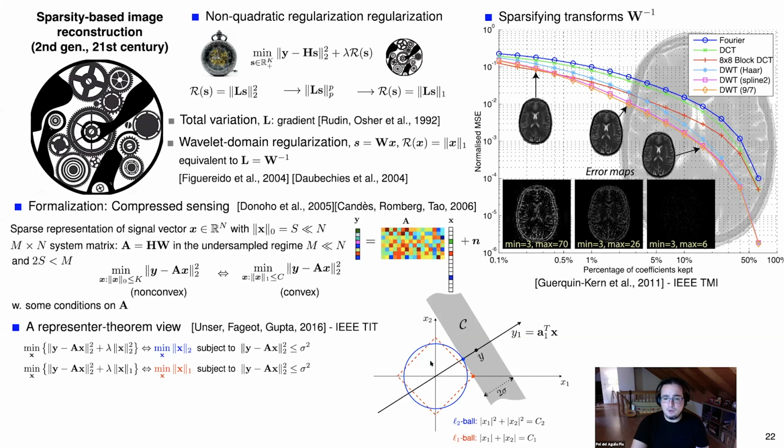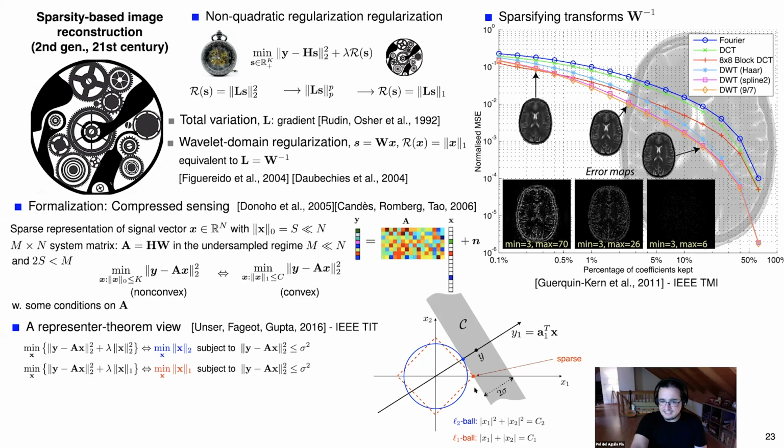And then what this illustration shows, and this illustration is quite common, is that by using the L2 norm, we choose a point that is not sparse, but by using the L1 norm, we choose a point that is sparse.